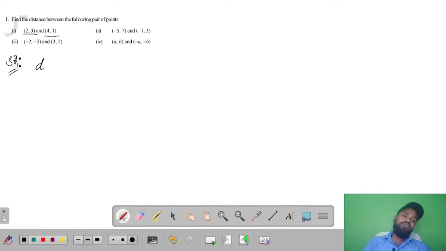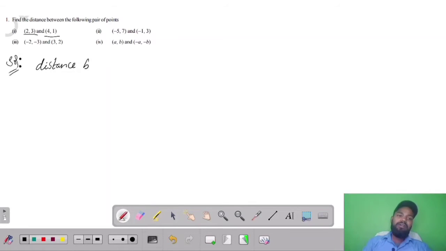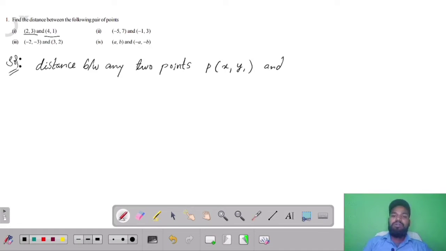The formula is the distance between any 2 points. Let any 2 points be P and Q, where P equals x1 comma y1 and Q equals x2 comma y2.